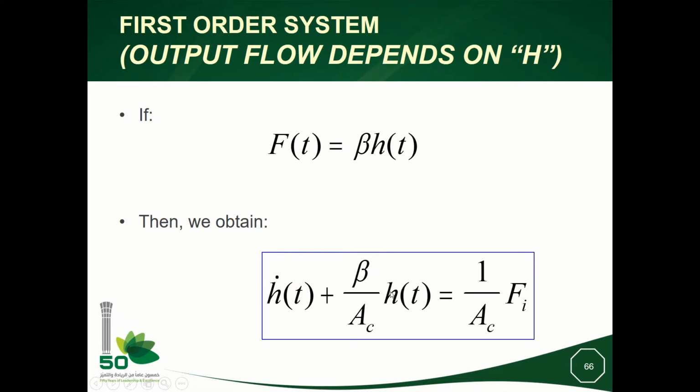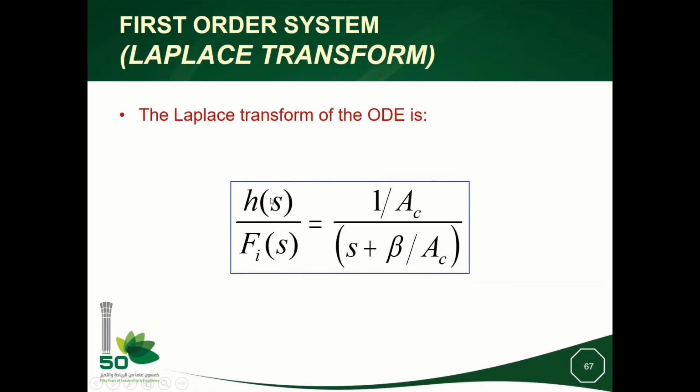To get the response h(t), we will take the Laplace transforms of both sides. So here we will have s H(s) plus beta over Ac H(s) equal to 1 over Ac Fi(s).